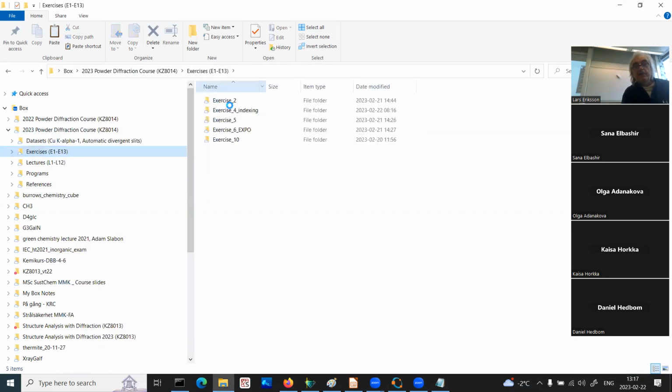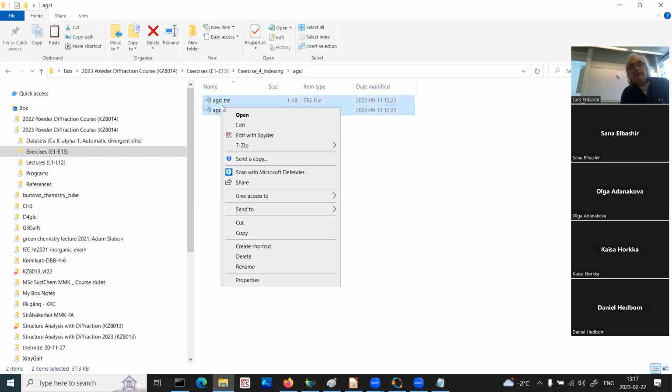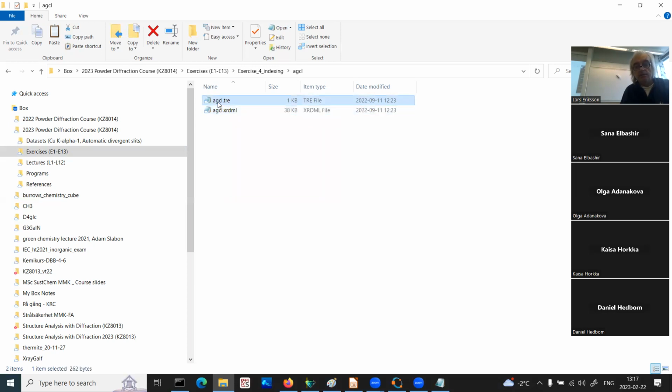Exercises, exercise 4. Let's download, for example, these 2 files. They are in Box now, but it's difficult to operate with the command line in Box, actually. So it's better if you copy the files. At least I have the experience that it's easier to copy them. I copy, and then where should we go?